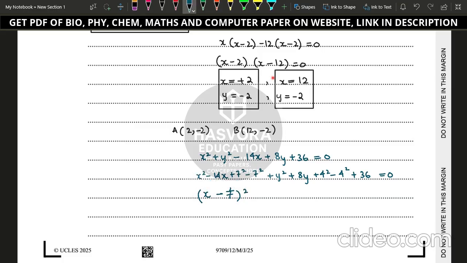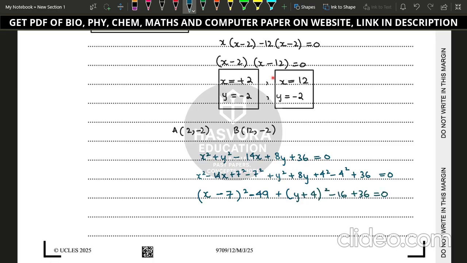Let me remove this. Okay, so this will become x minus 7 whole square, and then the minus 7 square is retained, so it becomes minus 49. Then for the y it will become plus y plus 4 whole square, and then the minus 4 square, it will become minus 16, plus 36 equals 0.